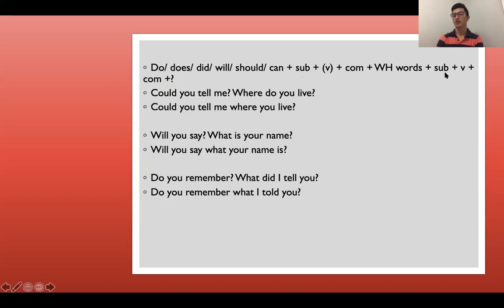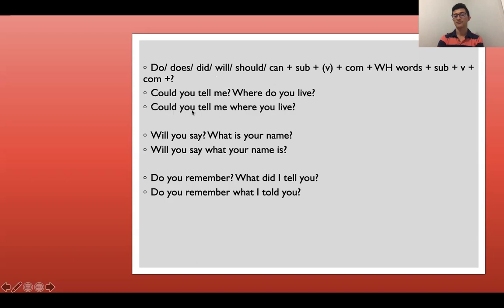So here we use subject plus verb. Like this example: could you tell me where do you live? It is two different questions, but you join both of them in the same question here. Could you tell me where you live? Where you live. So no need to use another helping verb here to make it interrogative. You use affirmative formula, where you live. You live is positive formula.